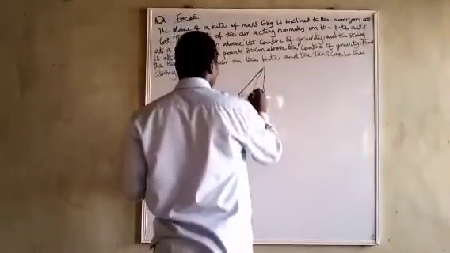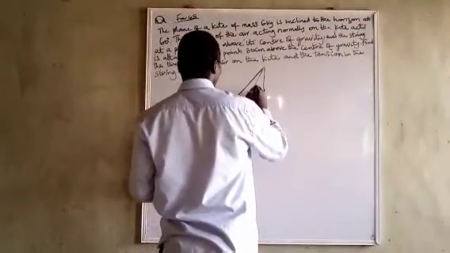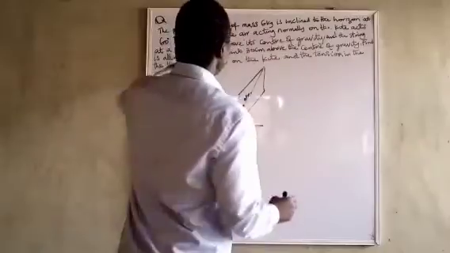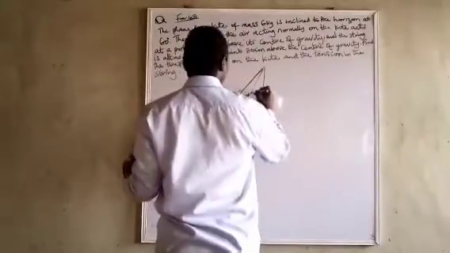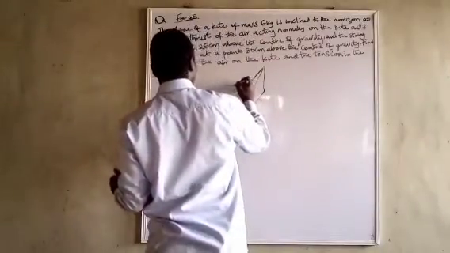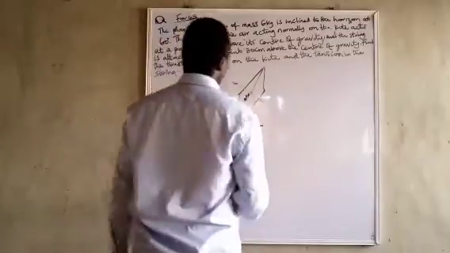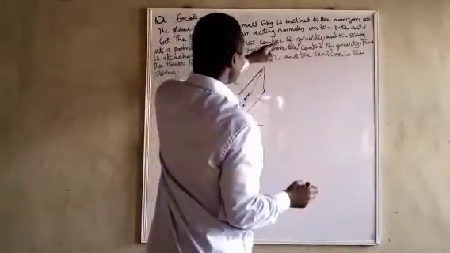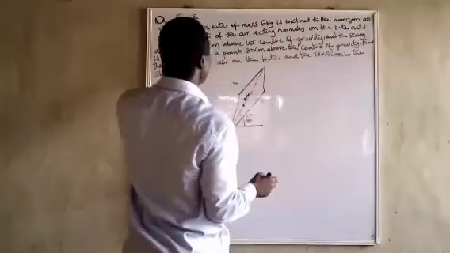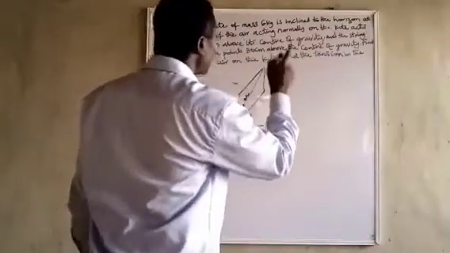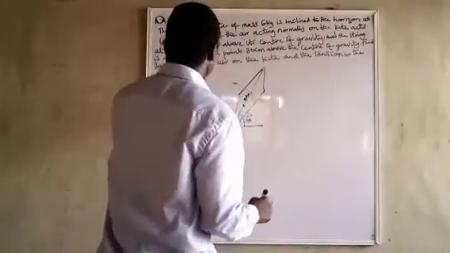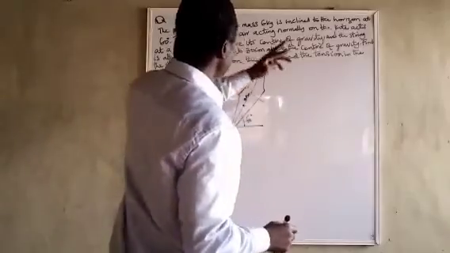And we are told that the force acts normally like this. And we are told that the string is attached at the point 30 centimeters above the center of gravity. Find the thrust of the air on the kite and the tension in the string.